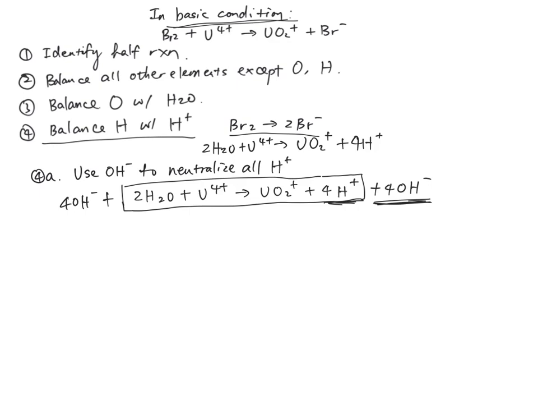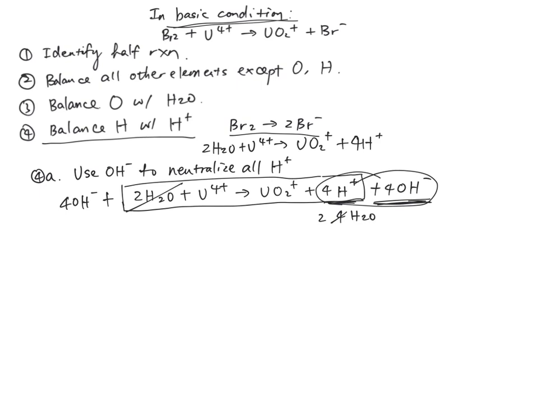The only difference is that on the left side, now there's no H plus, so nothing's going to happen to it. But on the right side, these two, they're soulmates, they're going to get together, they're going to give me 4 water molecules. No H plus, no more. Again, basic condition. And of course, when you made water and you already have 2 water there, you can cancel the 2 water and turn this into 2 water.